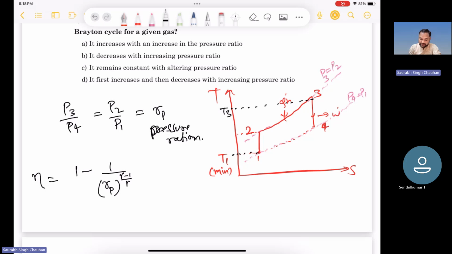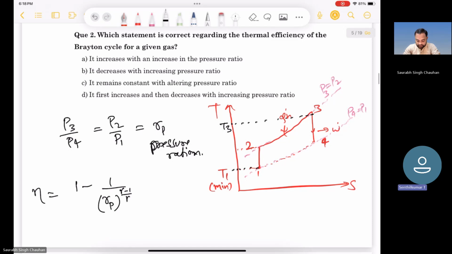you can tell how this efficiency will be affected if you change the pressure ratio RP. Will it increase or decrease? Increases, sir. When you increase this RP, then eta will be increased, right?